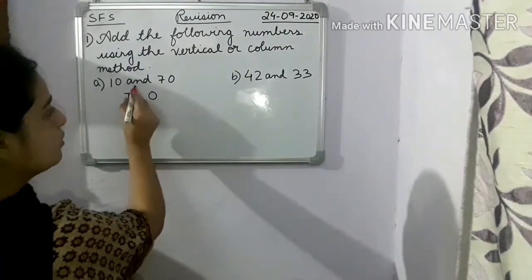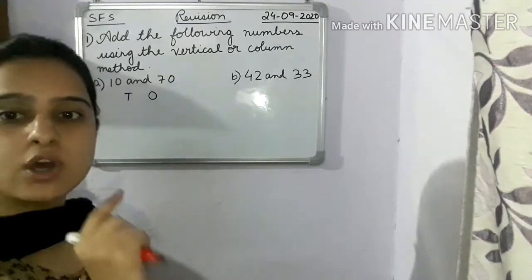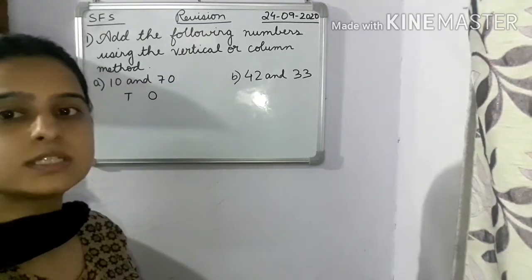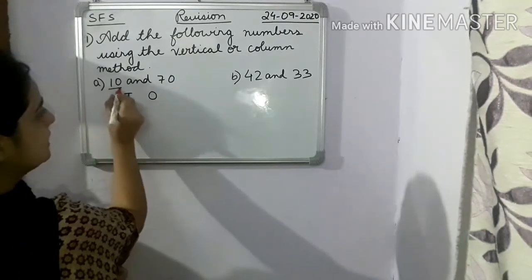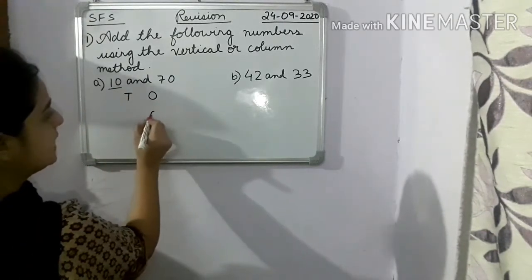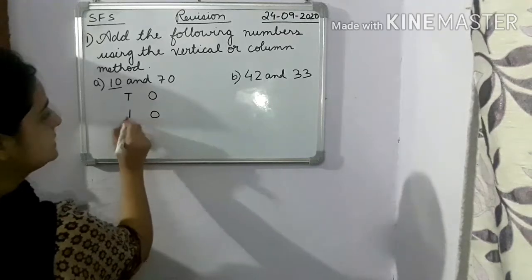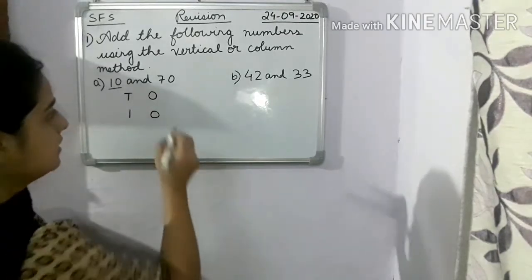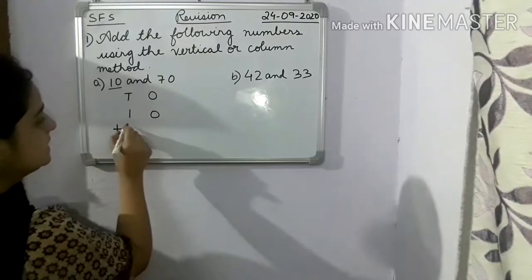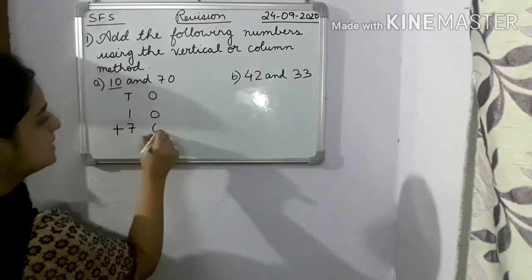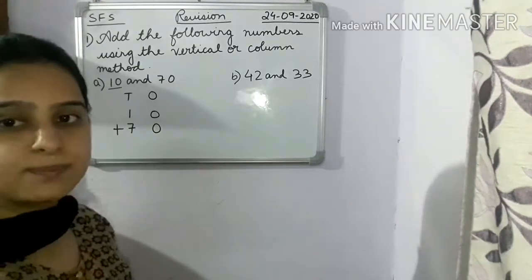And what does this word 'and' mean? In place of 'and' we are going to put plus. So first number is 10, 0 will come in ones place and 1 will come in tens place. Then plus 70, 7 comes in tens place, 0 comes in ones place.